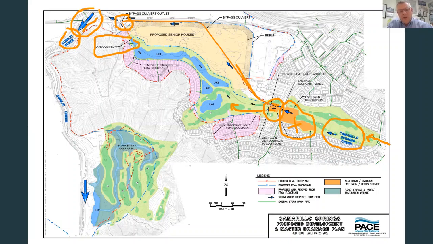And what we do with the bypass is keep that out. We have small flows that are in the North Gulf area and remain there until the peak of this flow recedes in Conejo Creek, and then the small flows are outletted, and the large flows are conveyed in the bypass culvert.